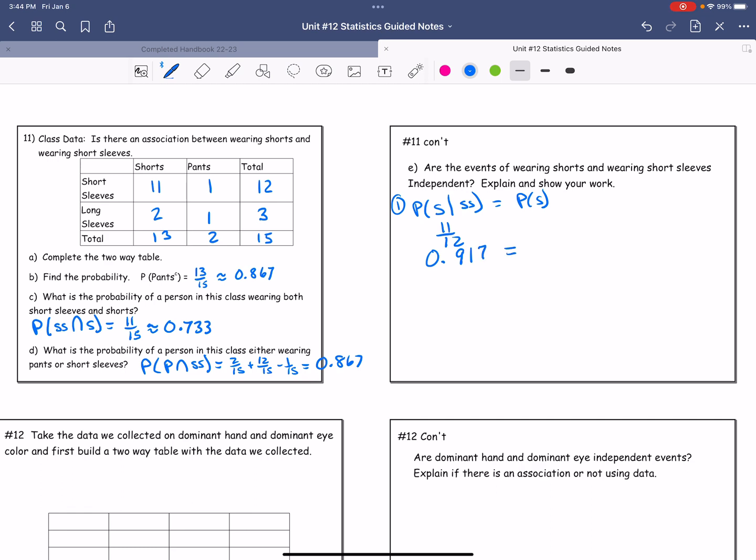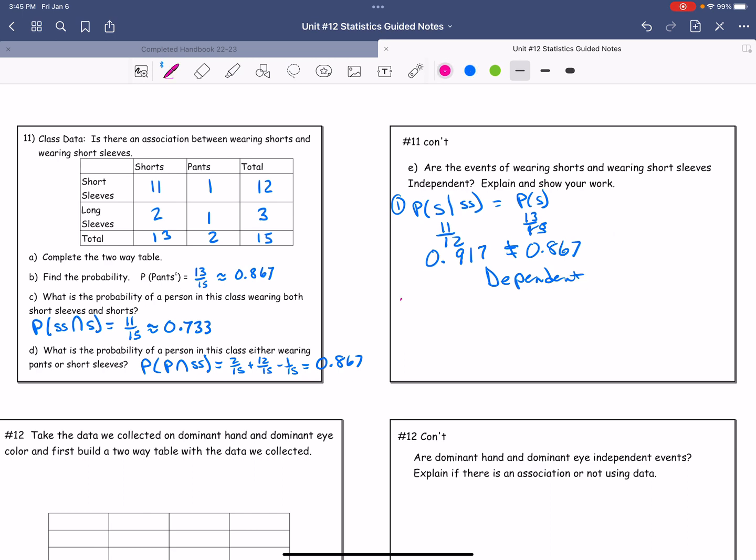And then the probability of shorts would be 13 out of 15, oops, I wrote it in the wrong spot. 13 out of 15 is 0.867. And these are not equal. Now they're a little closer than the other events, and sometimes close is okay, but these aren't too close. So we would say that the events are dependent.